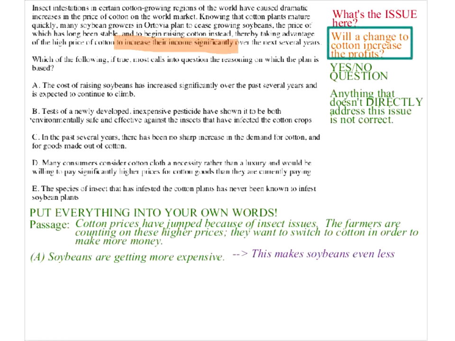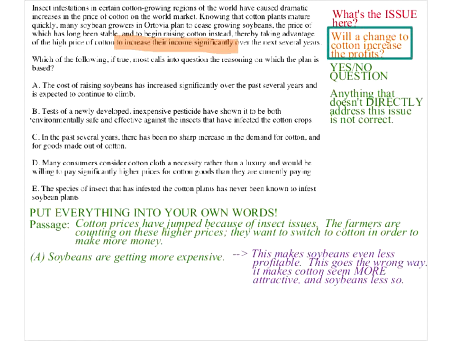But it goes the wrong way, because it makes cotton seem more attractive and soybeans less so. Let's talk about choice B.